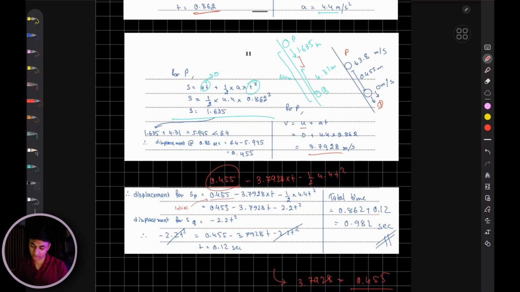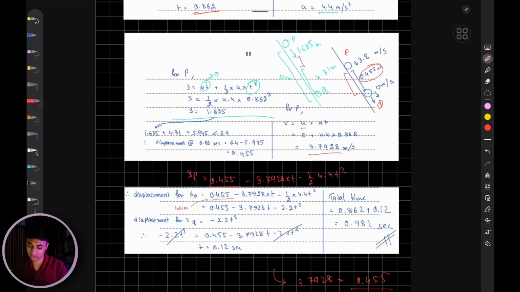Now you will ask, where did this come from, right? This actually came from the displacement between them. So what I'm writing in this equation is, compared to Q, what is the displacement P has? Compared to Q, the displacement of P is 0.455. That is the initial displacement between both of those, 0.455 meters.